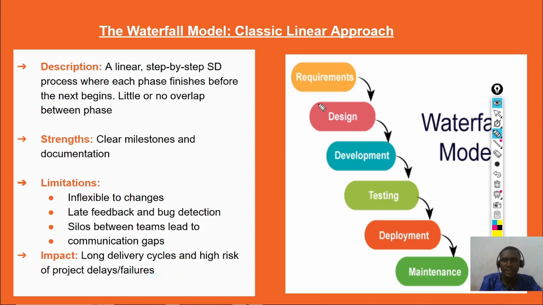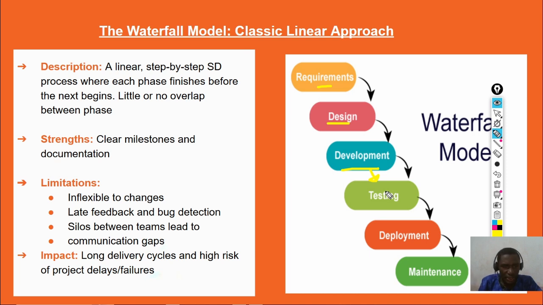Let me explain it in this simple way. You have phase 1 that finishes, you go to phase 2, and then you go to phase 3. Now, everything is being done linearly, right? Because the application has to finish being developed before it is tested.